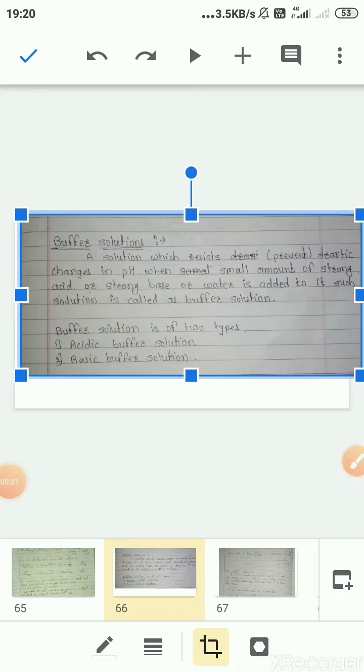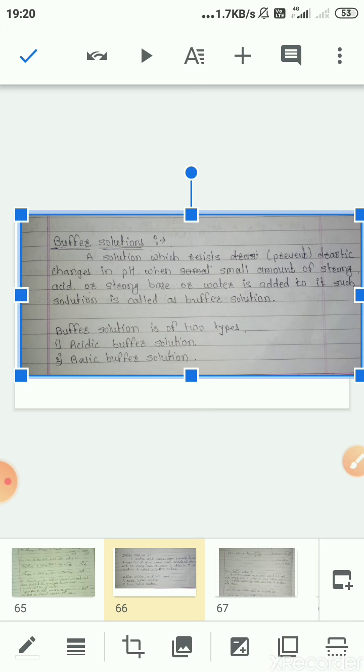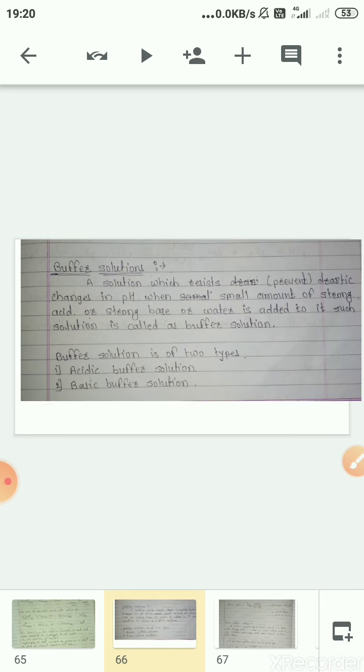Hello friends, let's start. Next point of ionic equilibria, and the point is buffer solutions. Now what is meant by buffer solutions? Generally, if we add acid, base or water to a solution, then the pH of the solution changes.